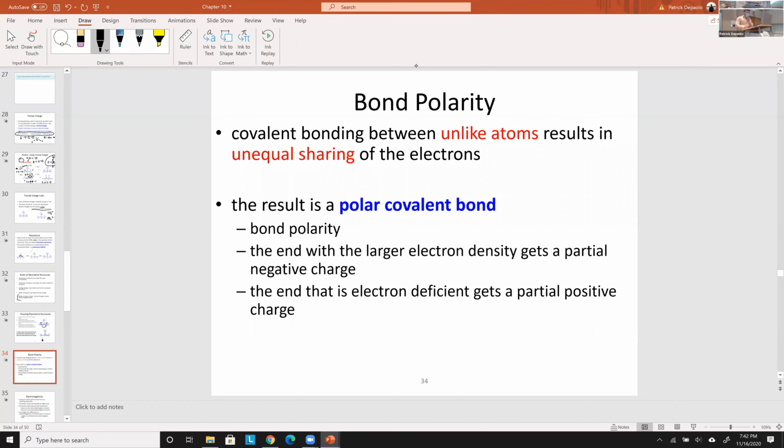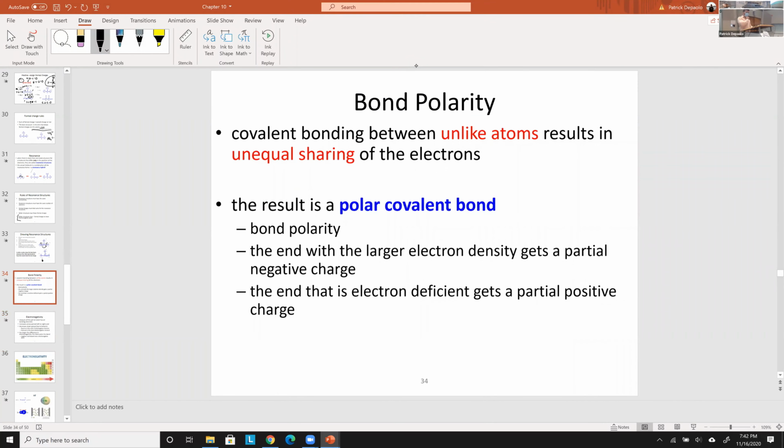So we didn't talk about electronegativity in this class, so we will now. Or maybe I hinted at it, but basically, in covalent bonds, you know the electrons are being shared. You can have equal sharing and you can have unequal sharing. The unequal sharing means that the bond is polar.